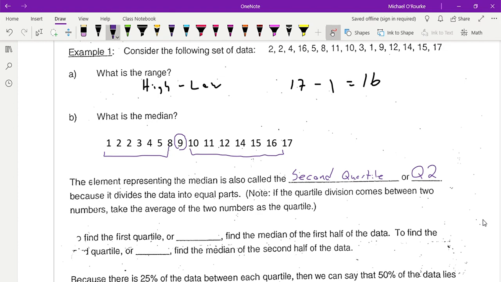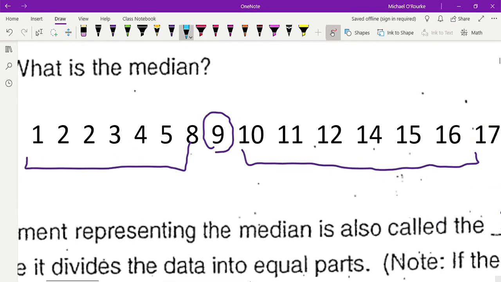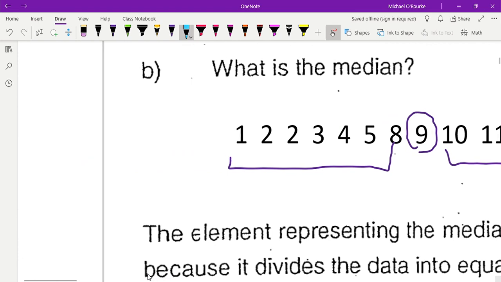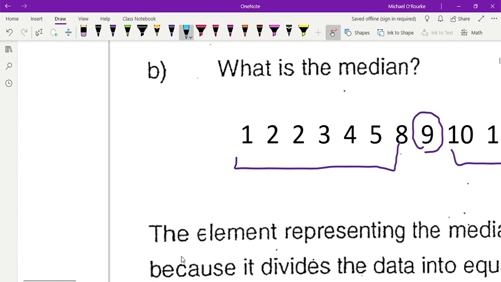Then Q1, the first quartile, I'll do this in a different color. Let's go blue. Q1 is actually the median of the first half of the data. So if we just zoomed in, for lack of a better term, on this, and took the median of that.